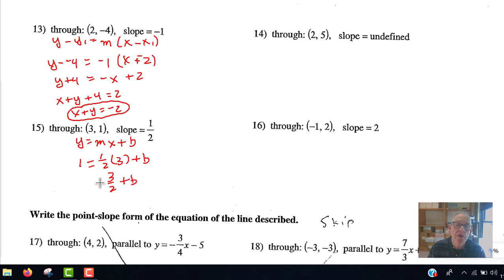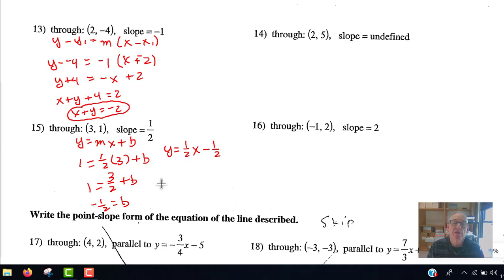So 3/2 plus b is equal to 1. Take away 3/2 from both sides. So 3/2 is really 1.5. 1 take away 1.5 is -1/2. So -1/2 is my b. So this equation in slope-intercept form is going to be y equals 1/2 x minus 1/2.